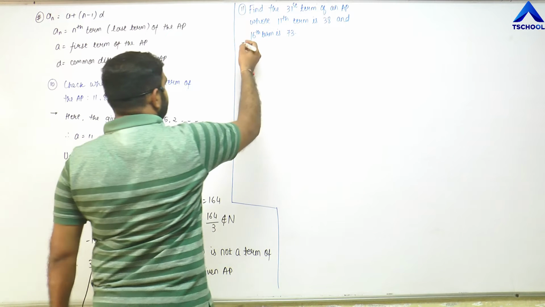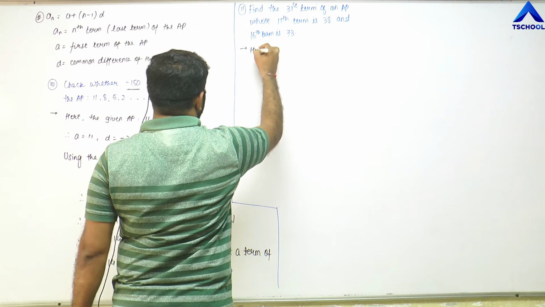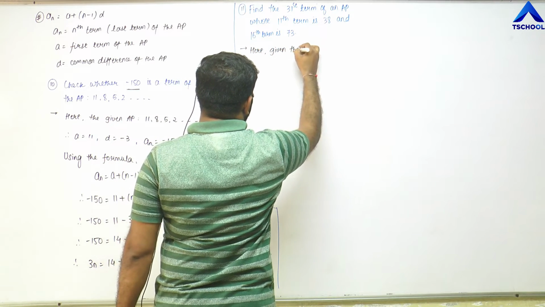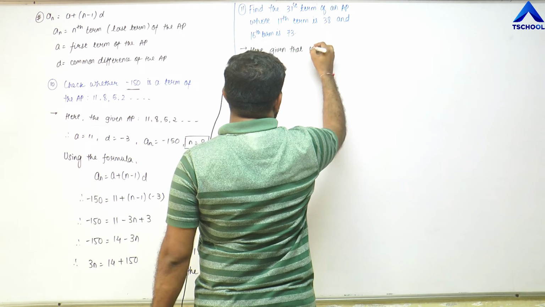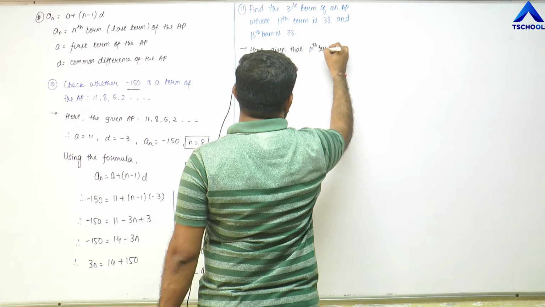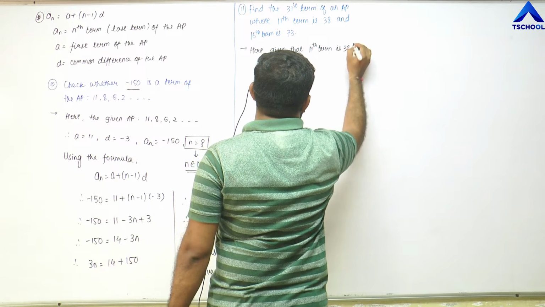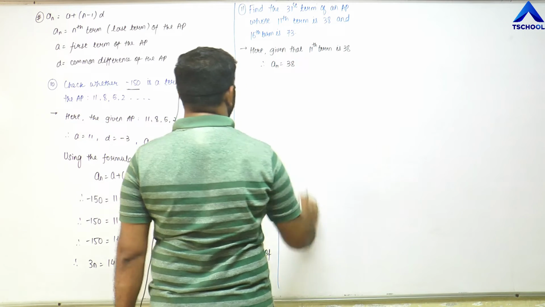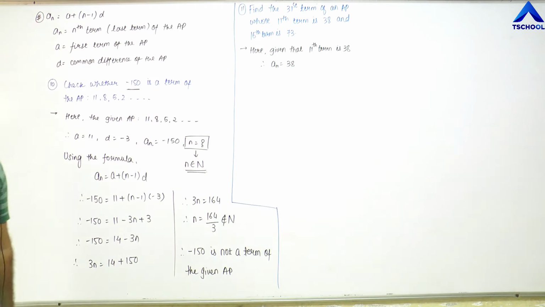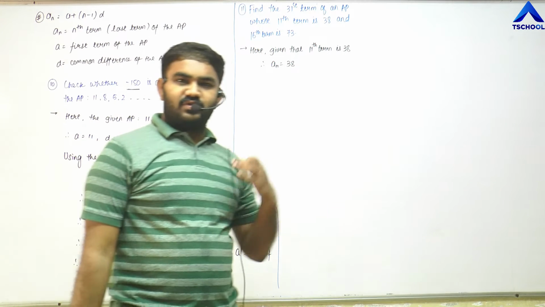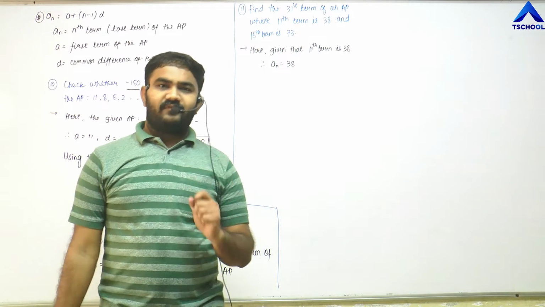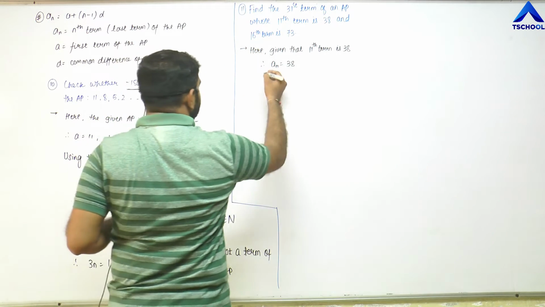So let us discuss here. Given that the 11th term is 38, therefore A11 equals 38. Comparing this A11 with the general form of the arithmetic progression, we get the term as a plus 10d.